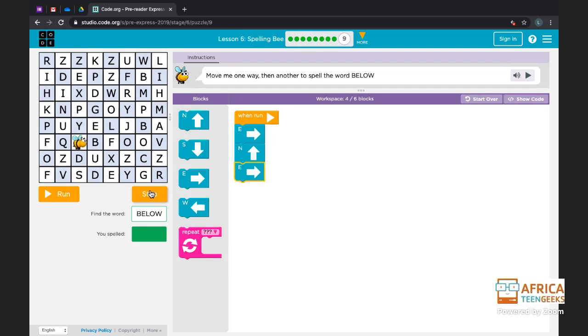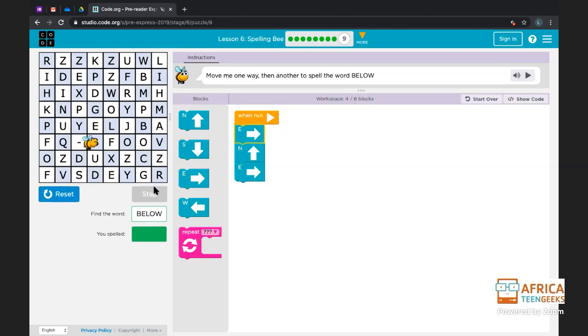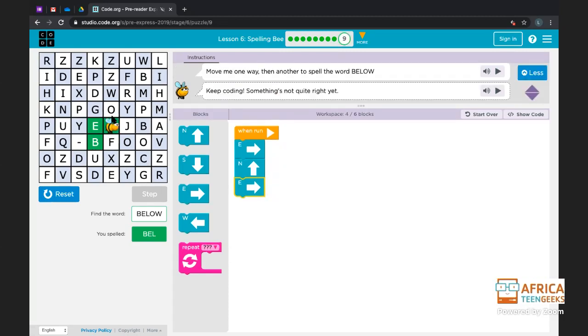So let me give you a little trick. If you're unsure of what we must do, we always say step. We step the first one, then we go to the second one, and then we go to the third code that we've written. Now it is easier for us to see what we must do. What do you think we must do next? Must go north.